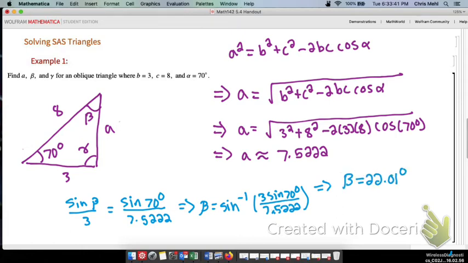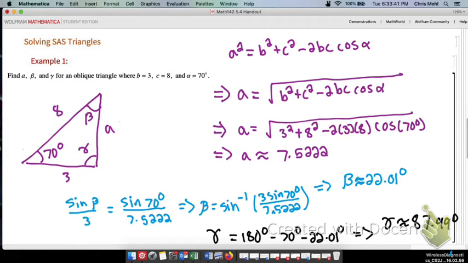Now in black, I'll write the next part. That means gamma has to be 180 degrees minus the measure of the other 2 angles. And therefore, gamma is approximately 87.99 degrees.